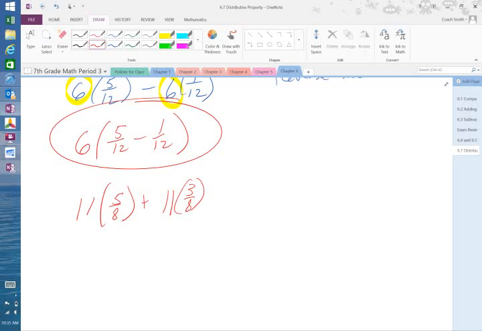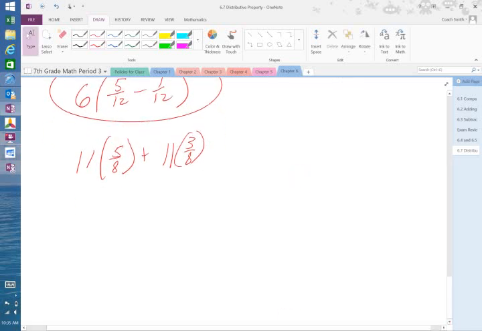Okay. Here's what it is. First, most of you did this step. Most of you saw that right there. What's 5/8 plus 3/8? Which is, okay, 11 times 1.